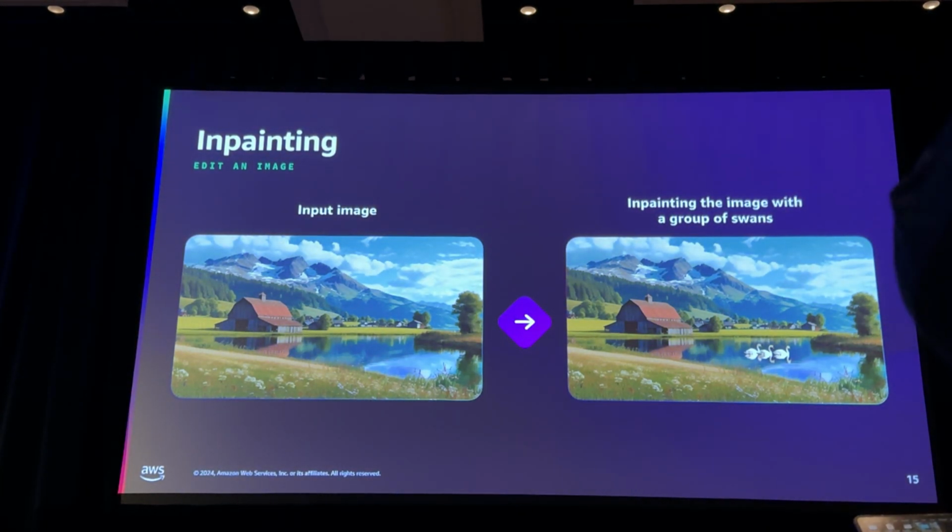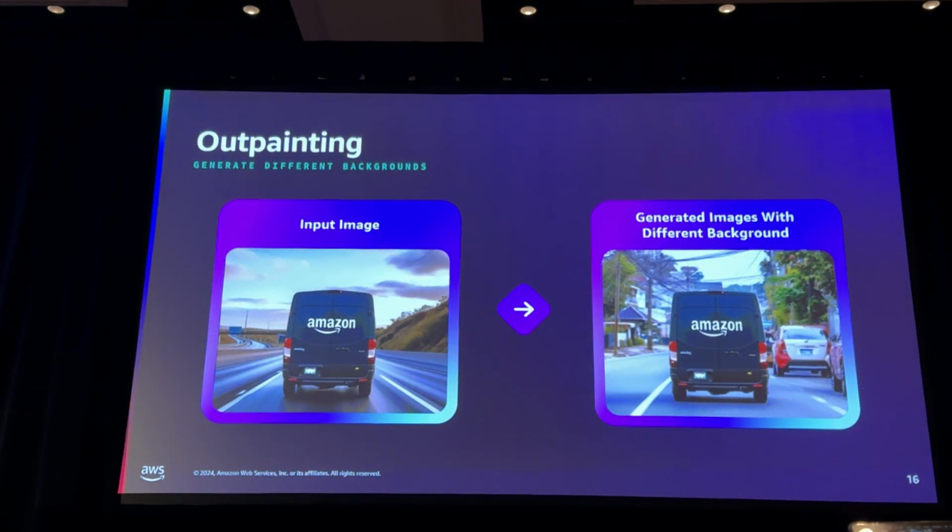This is an example of in-painting where you start with an image on the left-hand side, and then you can add a bunch of objects, in this case, a group of swans. Out-painting is very important for advertising and marketing types of use cases, where you want to preserve the core product, but you want to generate lifestyle images around it.